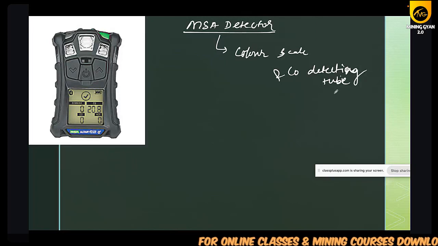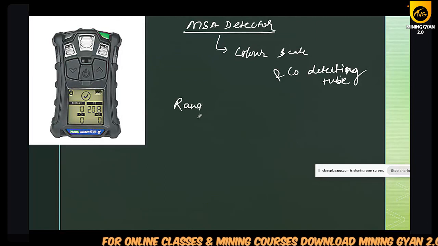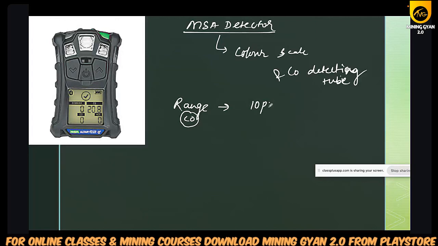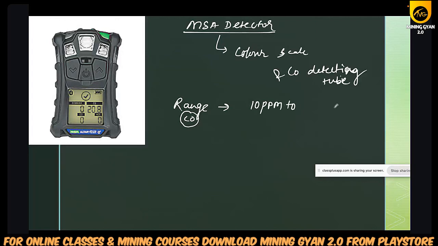With the MSA apparatus, the range for CO will be 10 ppm to 1000 ppm.